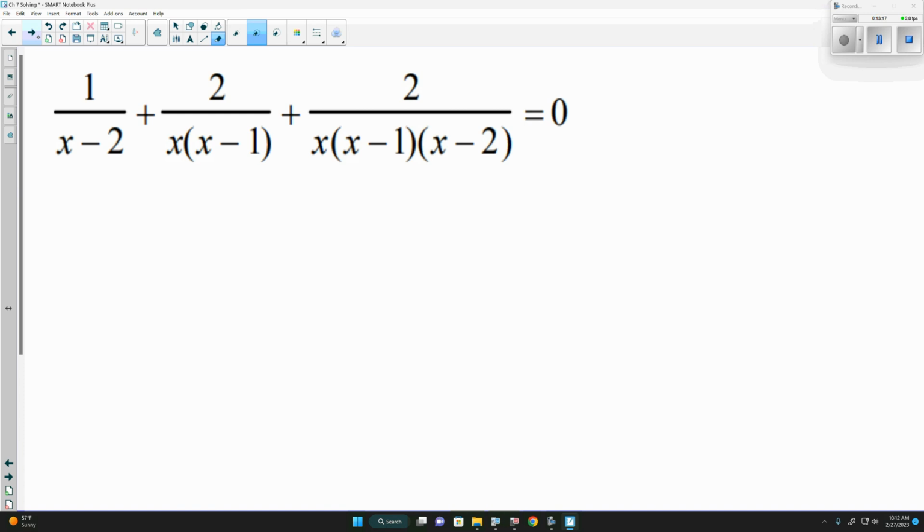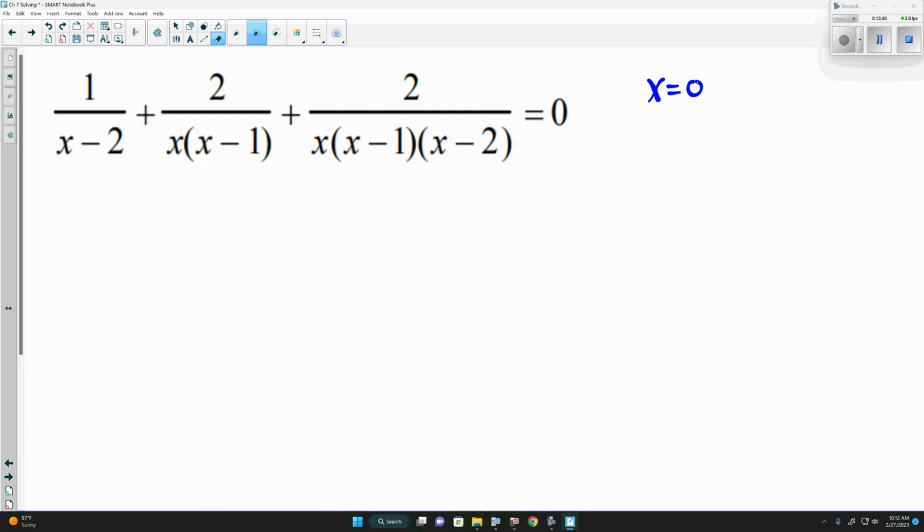We have one more we're going to look at, and that's this one here. Now, there are 3 different expressions that we have in the denominators. We have x, we have x minus 1, and we have x minus 2. Out of all 3, figuring out what value of x will make x be 0: x is 0.